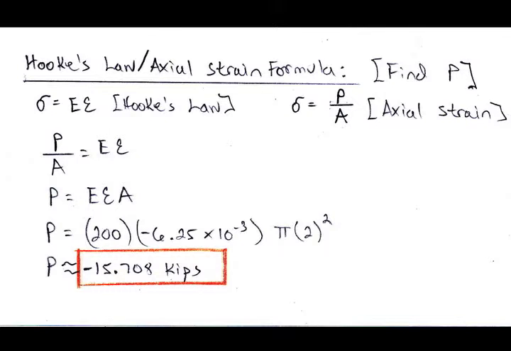And once we have that value, we can use that in Hooke's law in combination with the axial strain formula. As you can see, we can combine those two formulas together since they both equal the same thing.